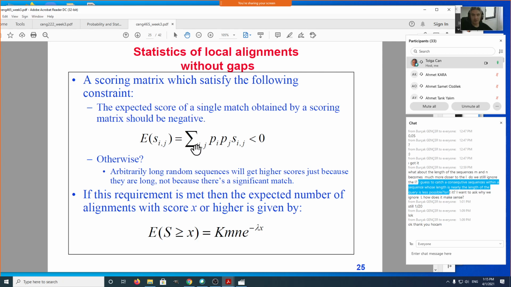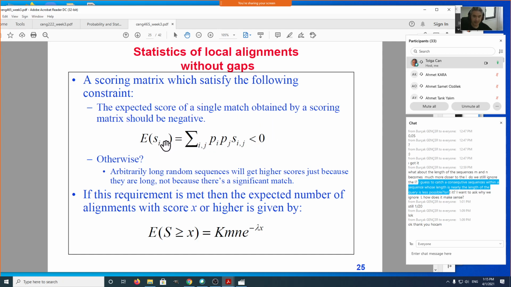First of all, in order to perform this analysis, any scoring matrix should satisfy this property, which is the expected value of a random match. S_ij, S is my score of matching amino acid type i with amino acid type j. The score of a random match. If you just pick two random amino acids and look at the score, the expected value of this score should be negative.